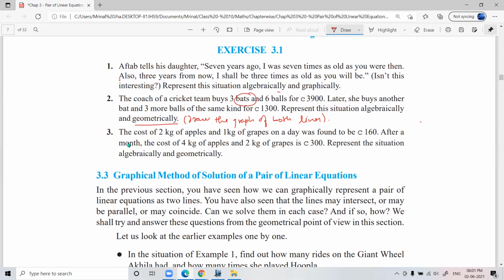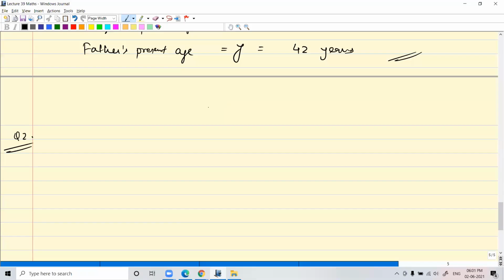So there is a bat and a ball in both the situations. So they have some price, right? That is what we will call X and Y. Let's say the bat is X. One bat costs X rupees, and one ball costs Y rupees. So that is the cost of bat and ball.